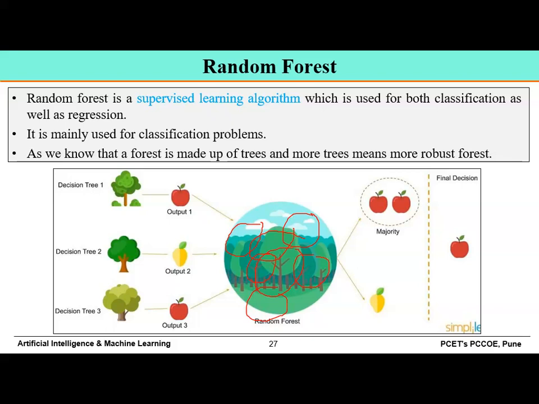And when your number of samples cover more area or region of the forest, what will be the outcome? More accurate outcome will be there. So the final decision will be very close to the reality. So what conclusion can we draw from this example? It is always good to draw as many samples as possible in order to predict the final outcome with better accuracy. Is it clear?